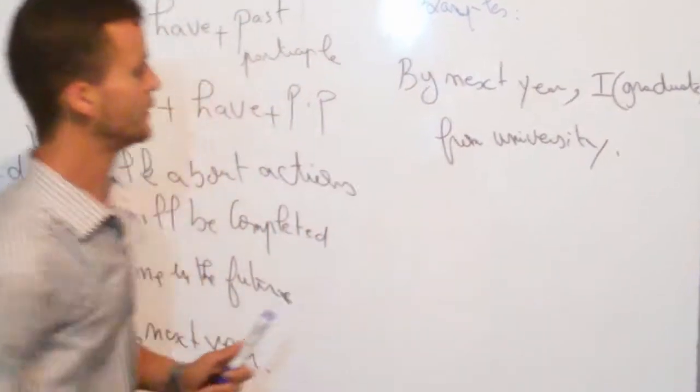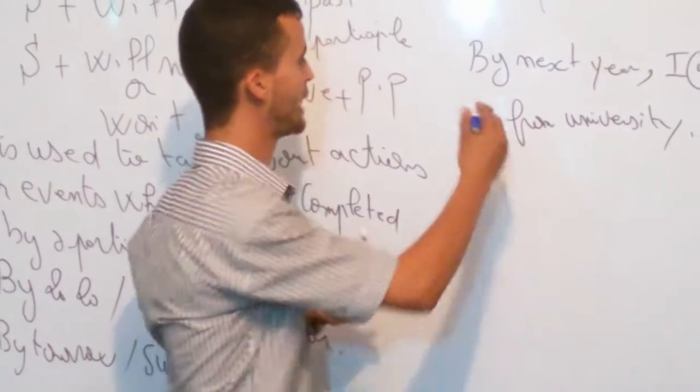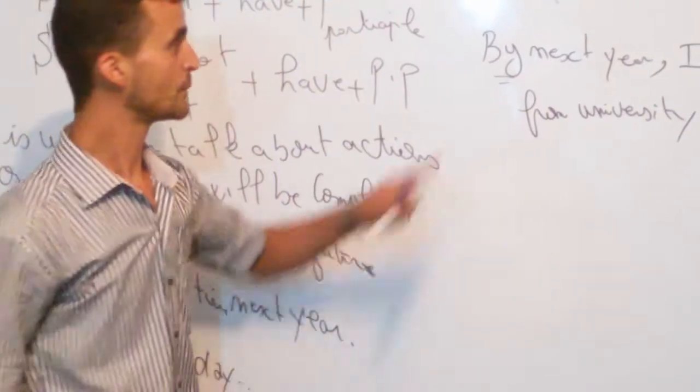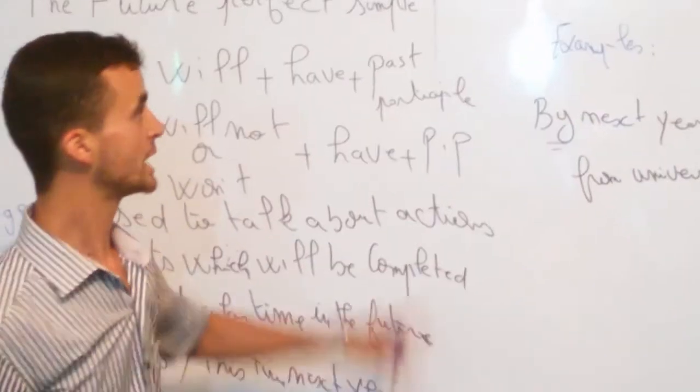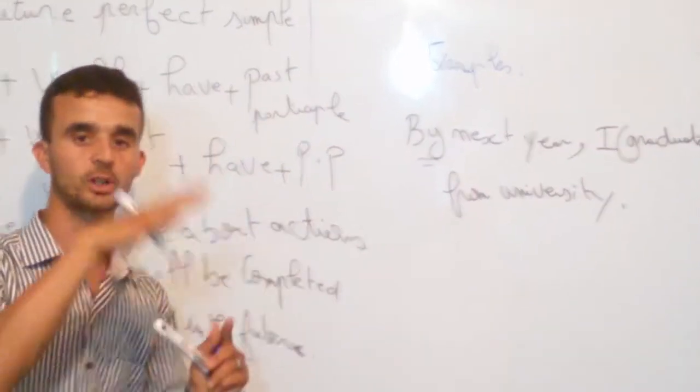If you can see here, we have by, and as I said, by is an expression which we can use with the future perfect simple, and by next year means at a particular time in the future.